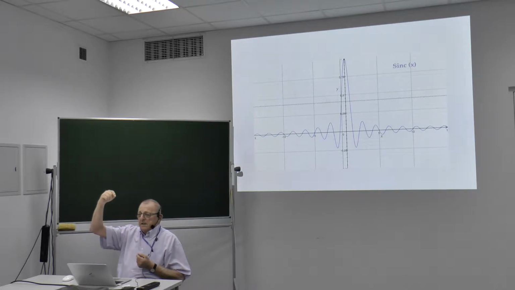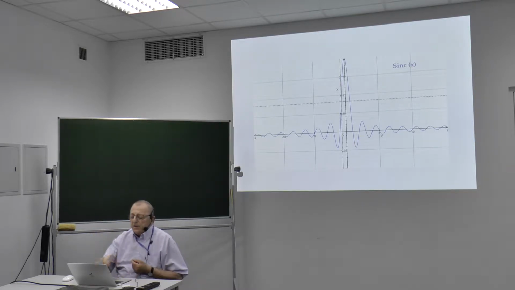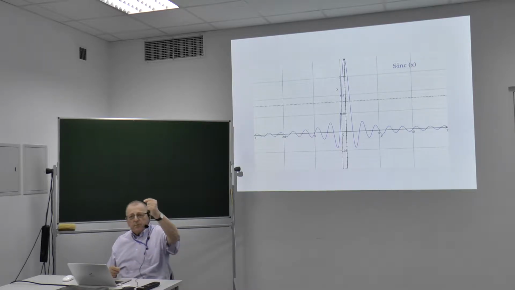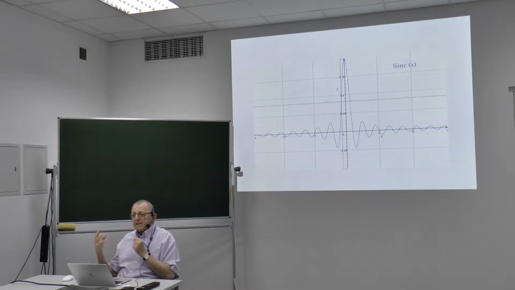I have the one point, and the radiation coming has a maximum and has a first minimum. You can see the first minimum, right? And the other point sends also radiation, so it is represented on my output also as this kind of a sinc function.